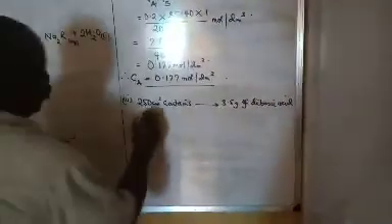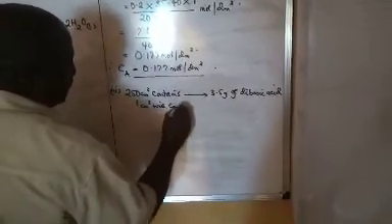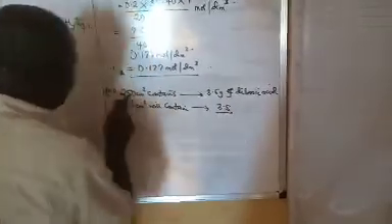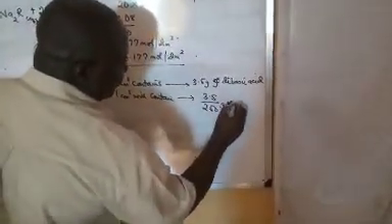Then 1 cm3 will contain 3.5 divided by 250 grams of dibasic acid.